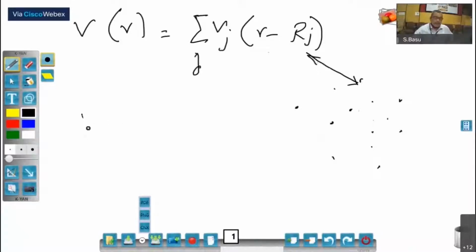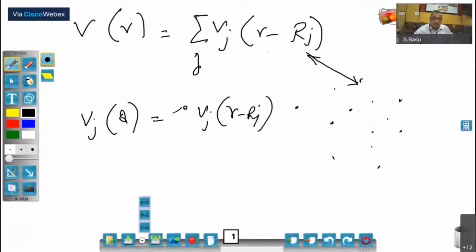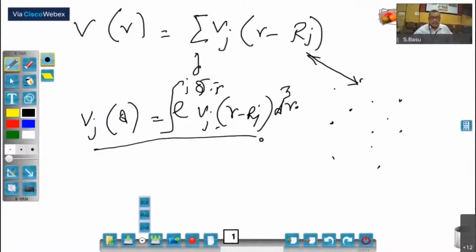Once I say that, then V j q is a Fourier transform of this potential. So I define V j q like this in my equations, in my master formula.